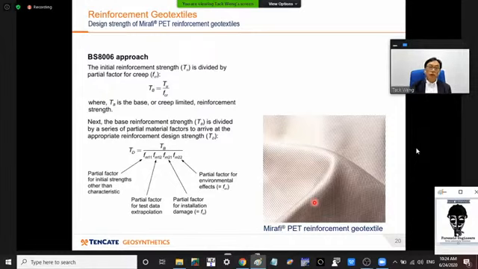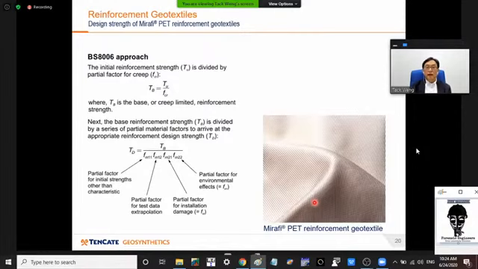Before we select which product to be used, if you remember, we have calculated the required or necessary design strength, and this has to be factored upwards to know what is the short-term strength that is needed.